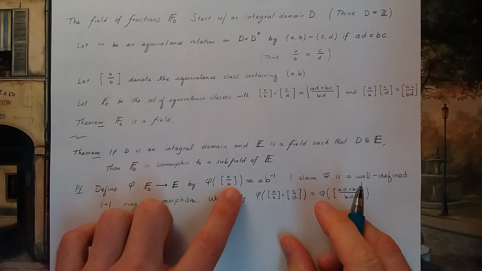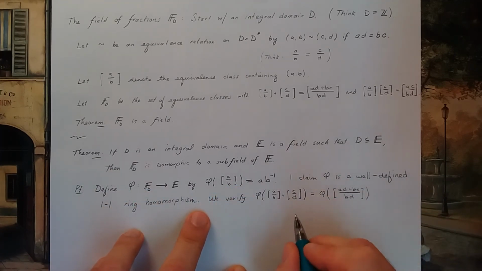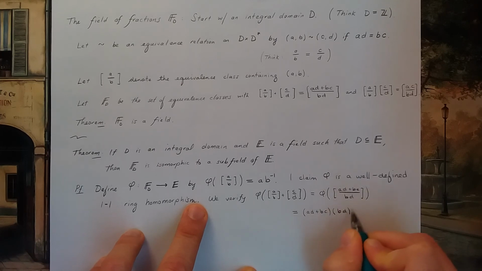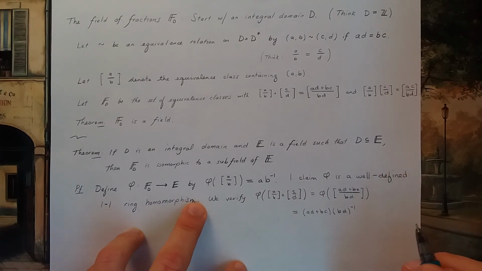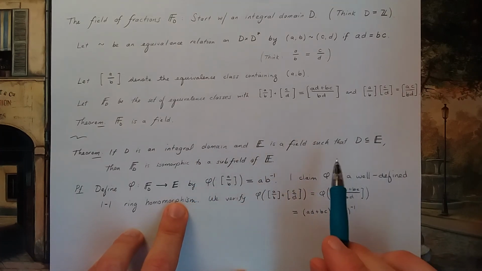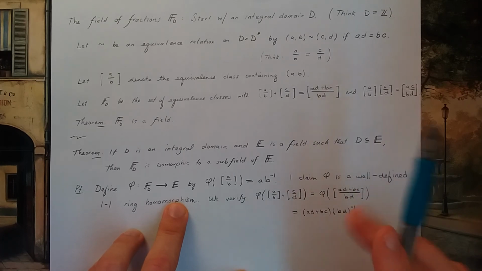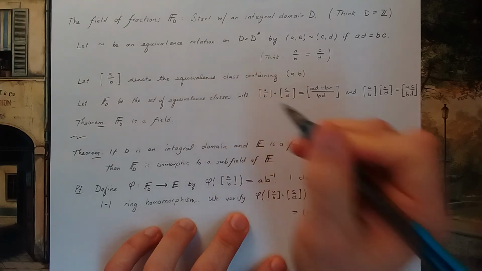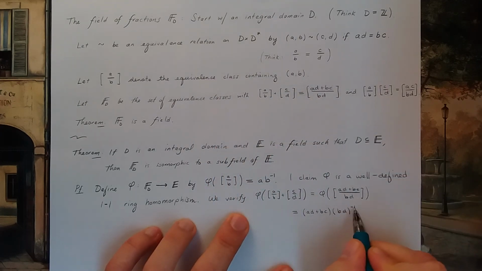And by the definition of the ring homomorphism, this is AD plus BC times BD inverse. Now, I'm in an integral domain. An integral domain is a commutative ring. So BD inverse is B inverse D inverse. And I could rearrange terms. I could put terms wherever I'd like.